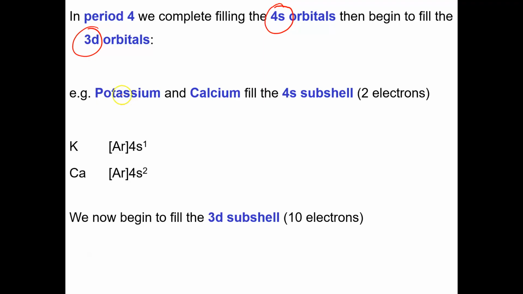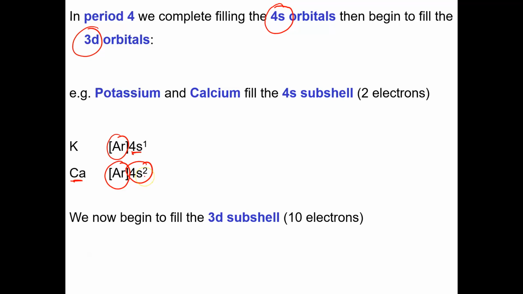So potassium has the argon configuration for its core, and then we put in 1 electron into the 4s subshell. Calcium has 18 electrons in an argon configuration, and then it has a completely filled 4s subshell.